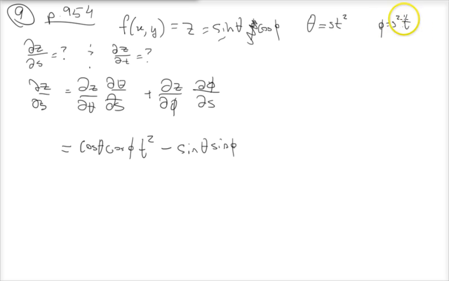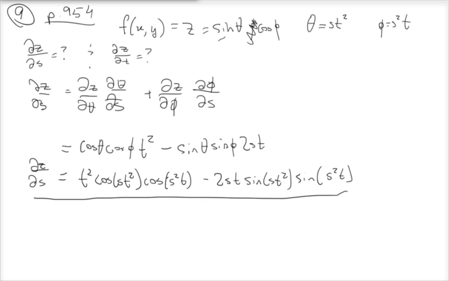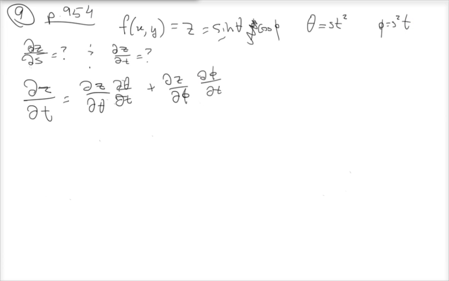This t is going to be a constant, and we'll get 2st. Then we plug in for theta and for phi, and we get the partial derivative of z with respect to s. Now we're going to find the partial derivative of z with respect to the other parameter, t.